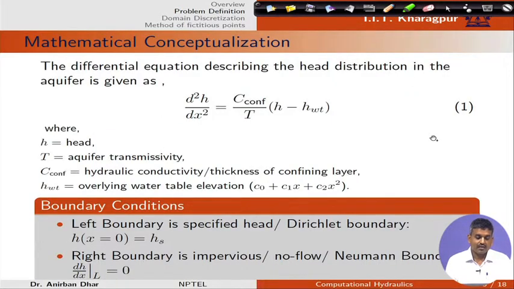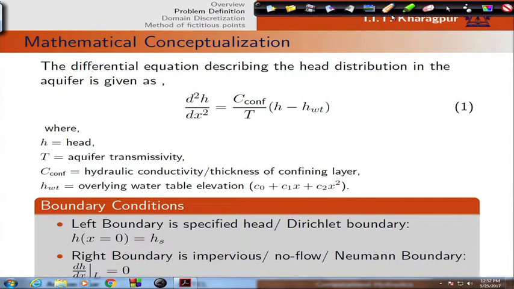So, for the mathematical conceptualization, we can write this differential equation, where h is the head, which is a function of x only, and T is the aquifer transmissivity, C conf is the hydraulic conductivity divided by thickness of confining layer.